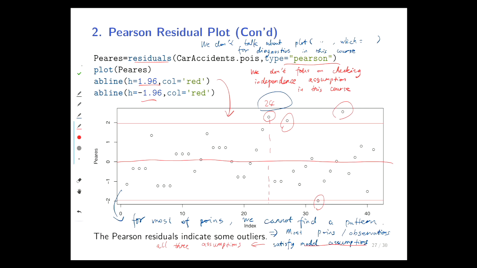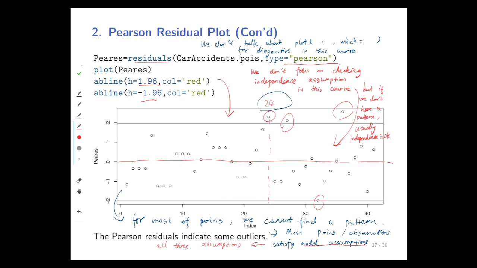But what we can tell here is that if we do not have a pattern in this plot, usually independence is okay.